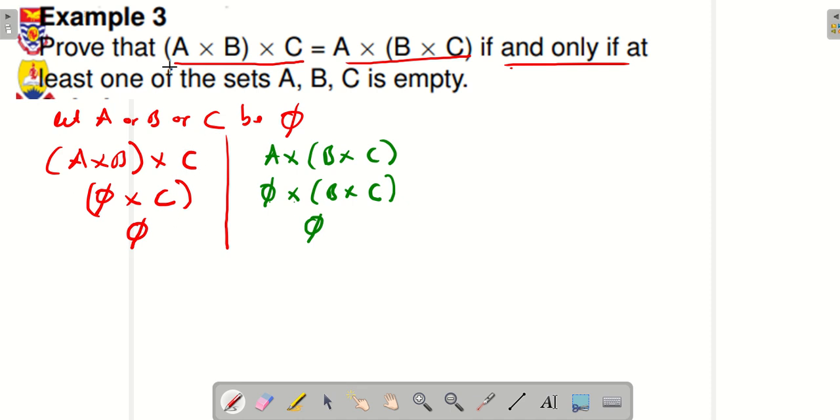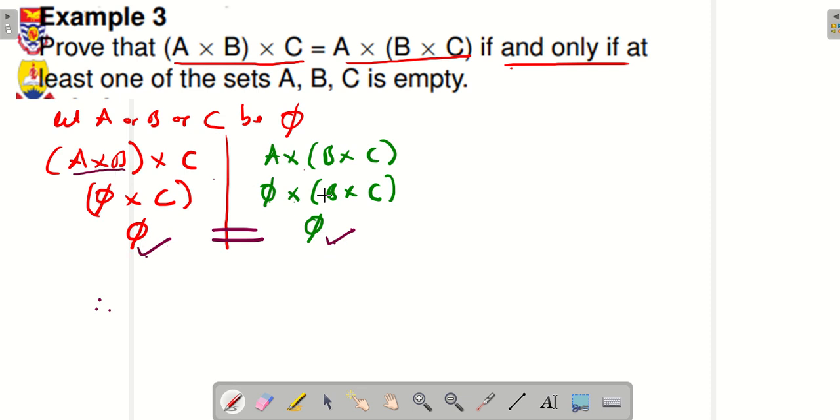So remember that an empty set is equal to an empty set. This set is the same as this set. So because this set is the same as this set, we can conclude that (A × B) × C is giving us empty, and A × (B × C) is also giving us empty.